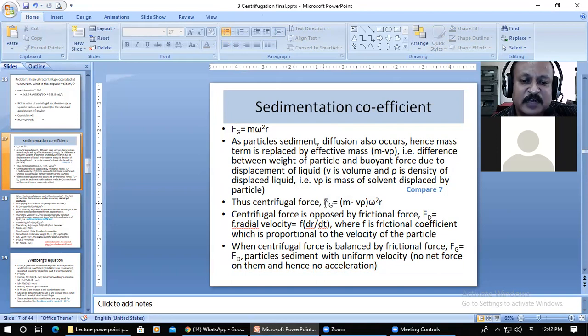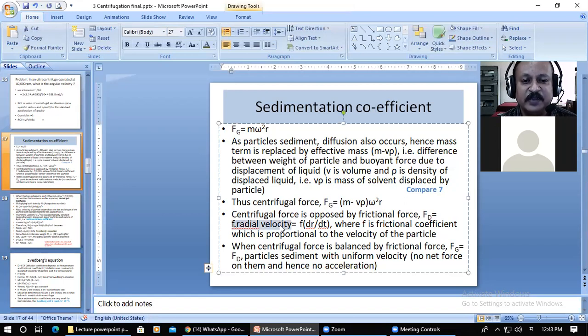So this is the centrifugal force, effective mass multiplied by omega square r. And then this force is opposed by the frictional force. Here we are writing the frictional force in a little different way, although the meaning is the same. Frictional coefficient multiplied by the radial velocity. This frictional force is dependent upon the frictional coefficient of the liquid.